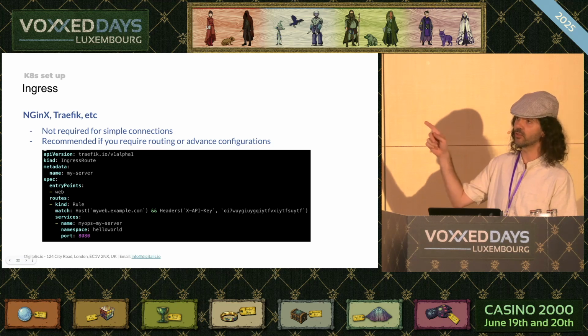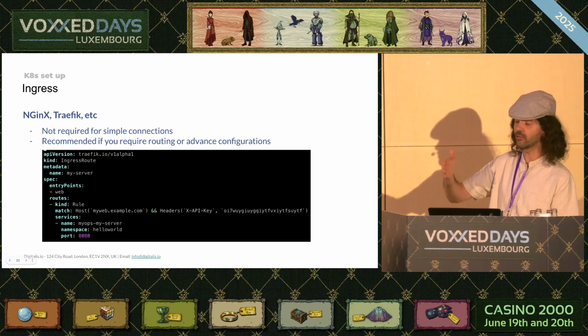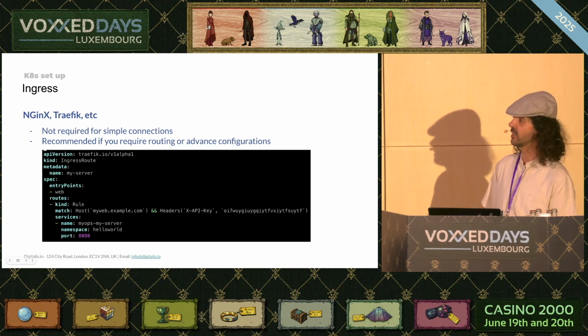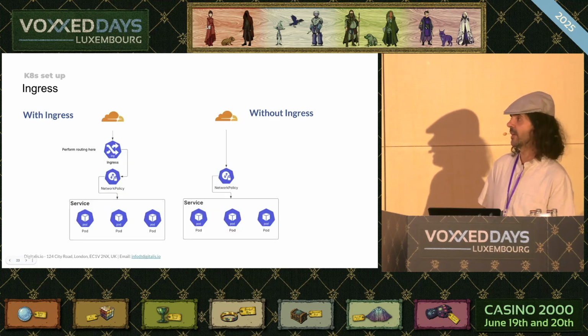So instead of going from Cloudflare to service, it will go from Cloudflare, ingress, service. So one extra hop. On one side you get no ingress, and there is a with-ingress version, and you can see it's only one extra hop. There's no big difference to it.